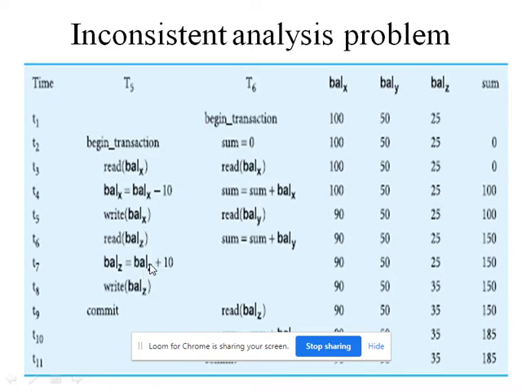Here the problem is that transaction T6 has a wrong result, because the X value it used was 100 rupees. On that 100, the Y balance of 50 rupees is added, so it is 150 rupees. Then the Z balance is added, and finally we got 185 rupees.